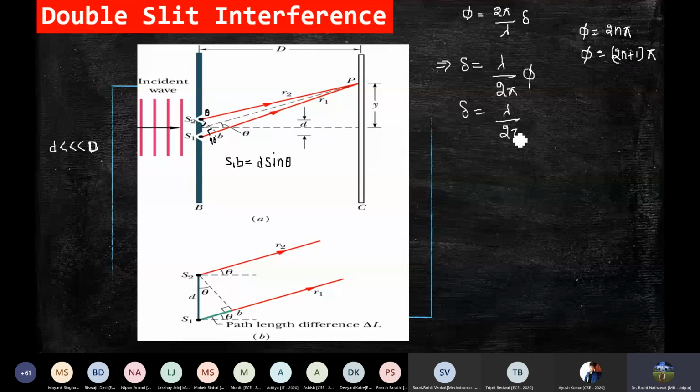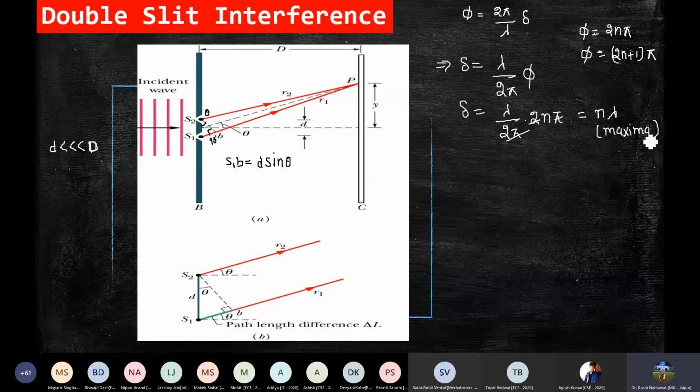Lambda over 2 pi and phi, when you put 2n pi, this will cancel out. When the path difference is n lambda, you will have the maxima condition.